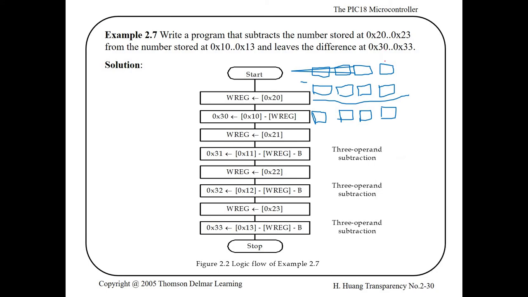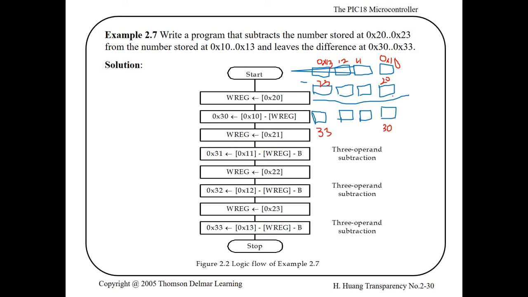The top one will be, this will be 10. This will be 11. So I'm just skipping the prefix. Sorry, again I'm writing the prefix now. 10 to 13. Then bottom is 20 until 23, and the difference will be at 30 until 33.